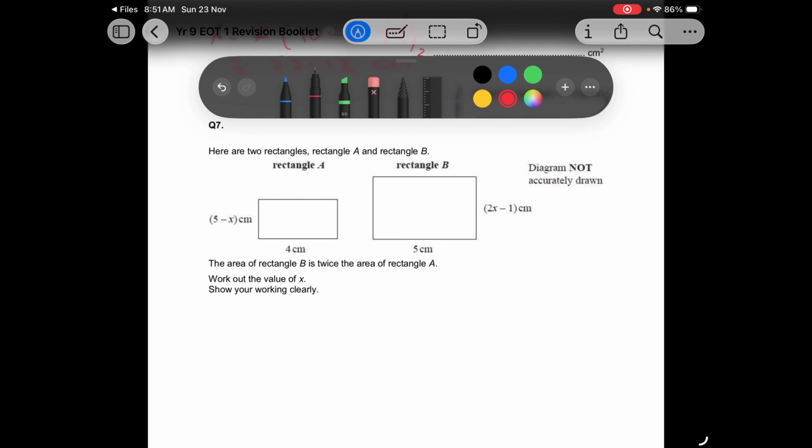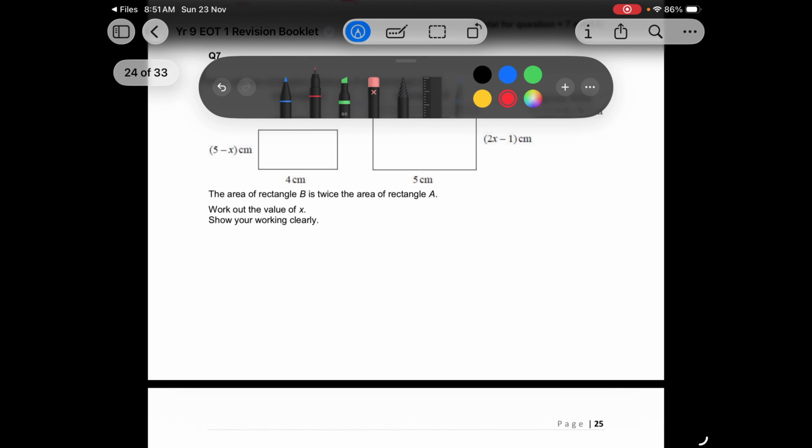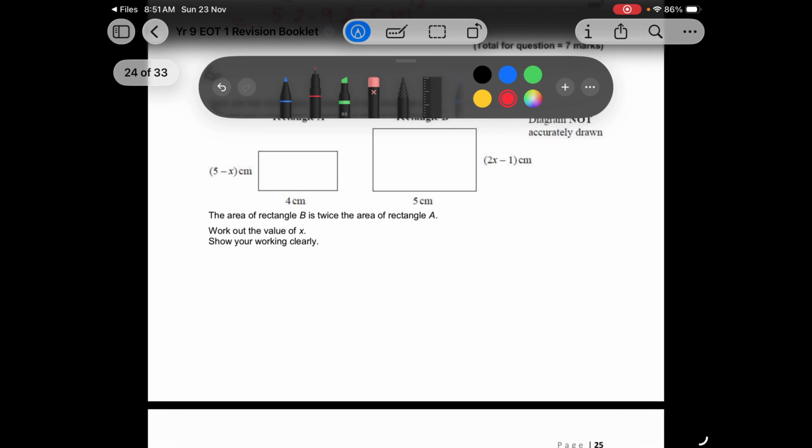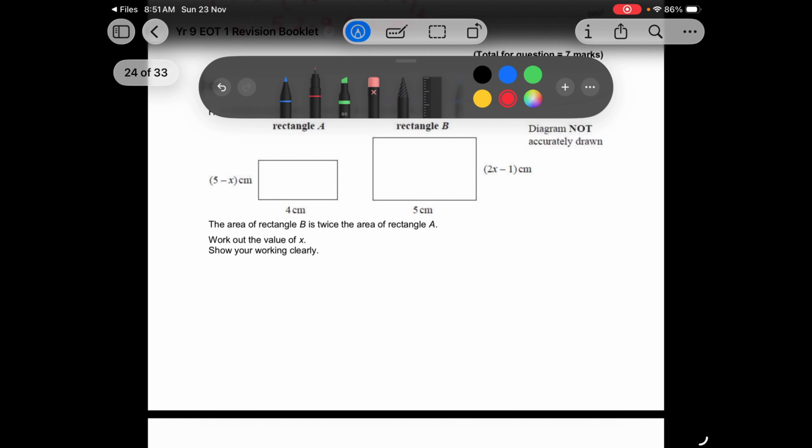And the area of rectangle B, which is the bigger one, is twice the area of rectangle A. So for rectangle B and A, the area of B is bigger, so I would write A of B, I mean by this notation, the area of rectangle B is 2 times the area of rectangle A.